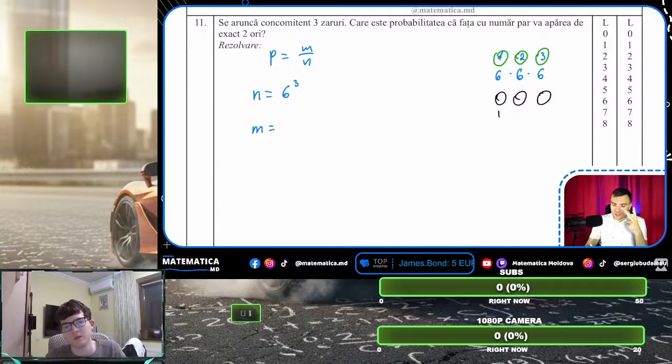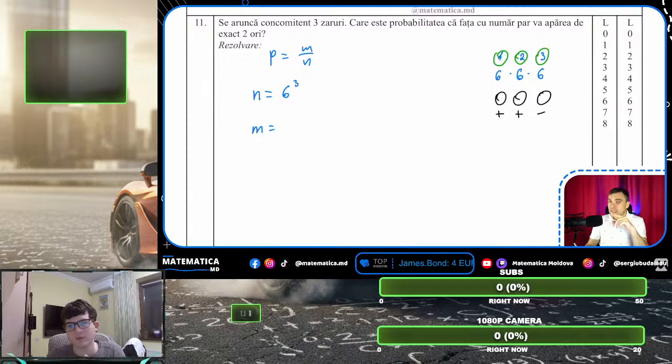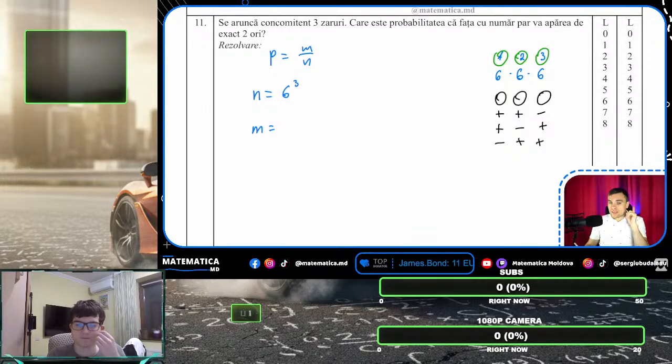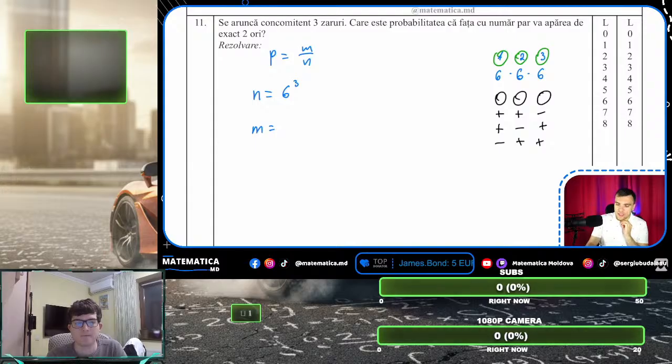So now 216 divided by 27, that's exactly 8, so the probability should be 1 divided by 8. Clean, legit, work with plus, minus, plus, like my dude taught me. No issue at all, mates.